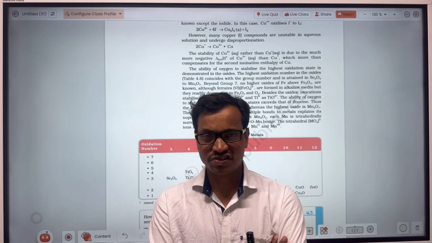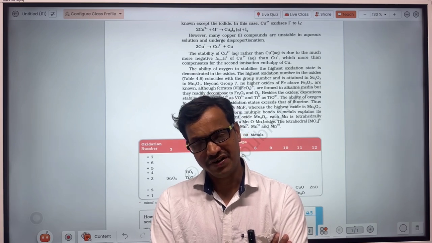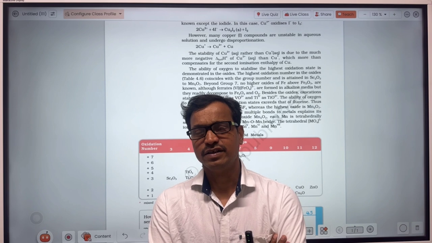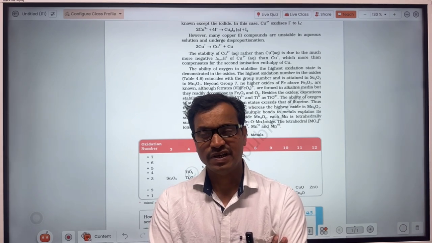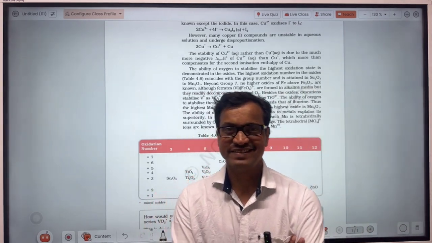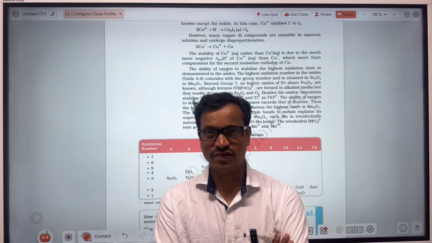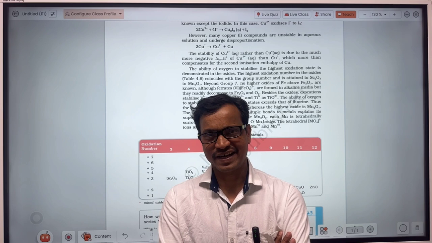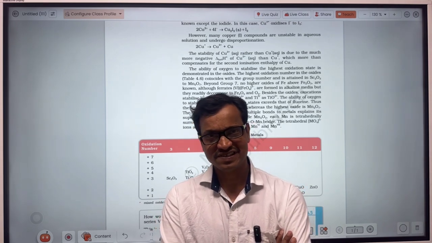So if oxygen combines with transition metals, it will do double bond formation and attract the two electrons of the shared pair of the transition metals, and hence they will show greater oxidation number. But fluorine does single bond formation, so fluorine can attract only one electron of the transition metals towards itself.